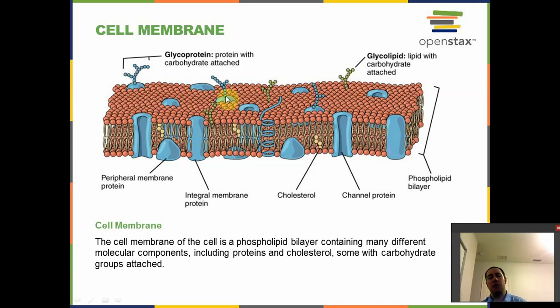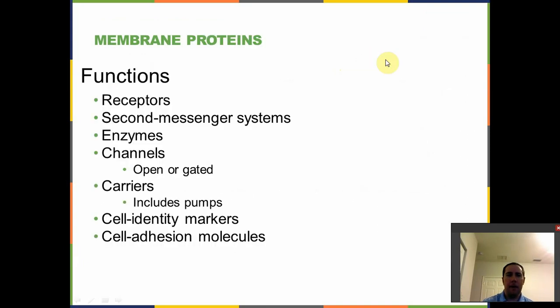That is a sugar, and different cells are going to have different sugars on the outside acting as flags to tell other cells what kind of cell they're looking at. These glycolipids are the same idea, except instead of being attached to a protein, the sugar, the glyco part, is attached to a lipid.